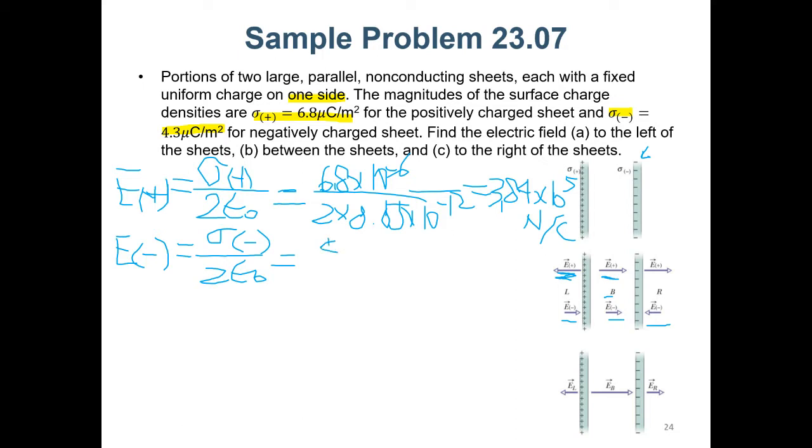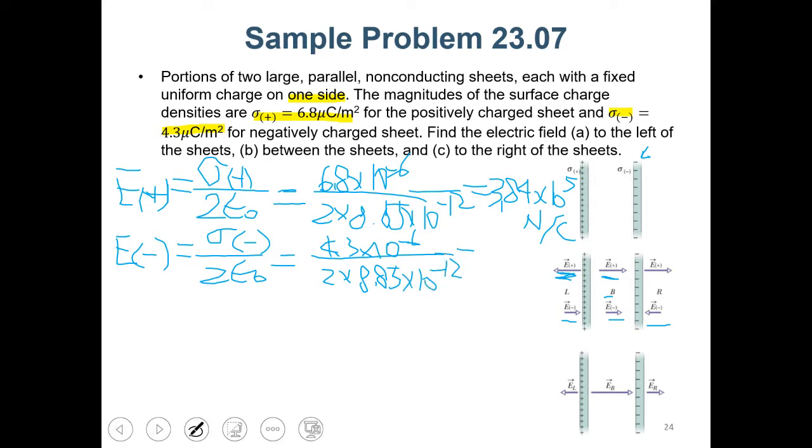So we can write it like this. Substitute the value 4.3 times 10 to the minus 6 over 2 times 8.85 times 10 to the minus 12, and the answer will be 2.43 times 10 to the 5 Newton per Coulomb.